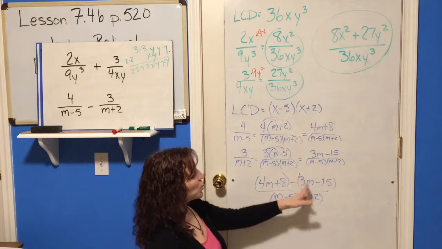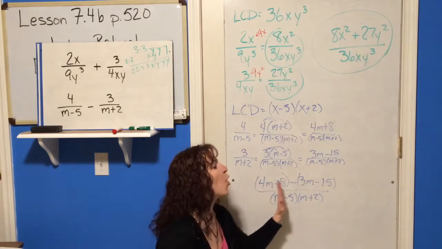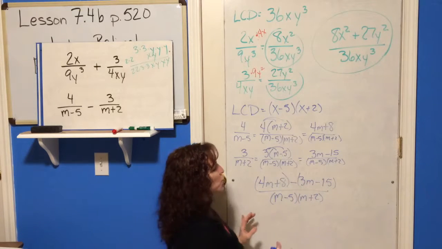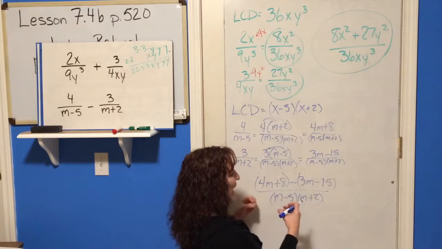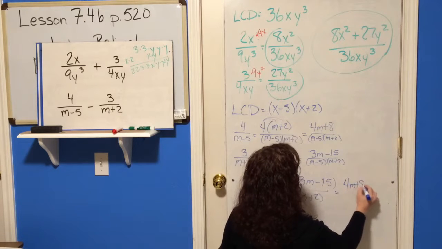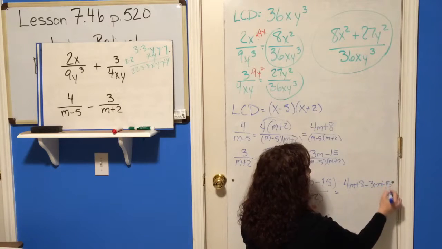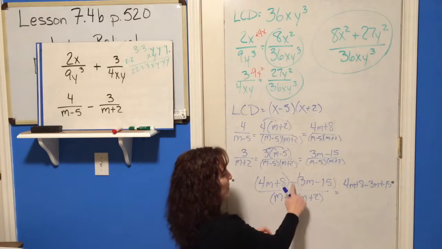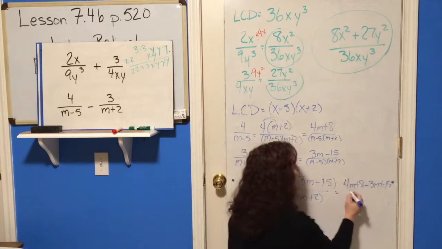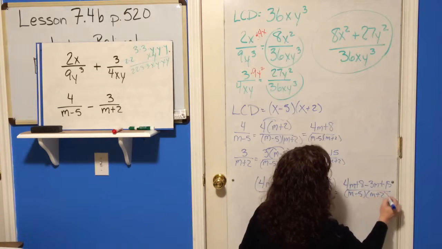The reason I put this one in parentheses is because when you subtract, you've got to remember you're subtracting that whole thing, not just the 3m. So when you subtract the whole thing, your signs change in the whole thing. So you've got 4m plus 8 minus 3m plus 15. Do you see where I got that? Because this is minus 3m, and minus a negative makes this plus 15, over the same denominator, m minus 5 times m plus 2. Don't lose that.